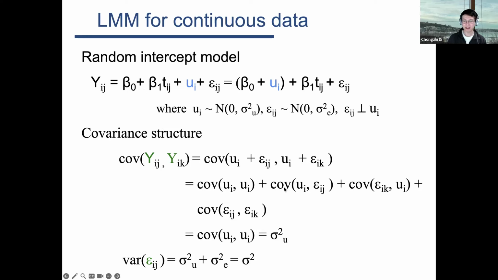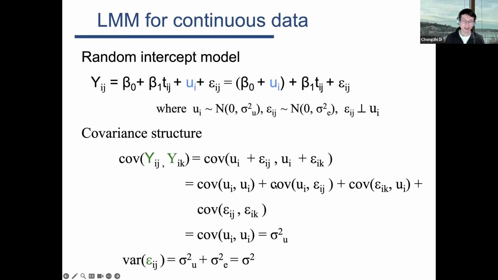But for all the other terms, the covariance between the random effects and the error, we know they are 0 by our assumption. This other one is also 0. It's the covariance of errors at different visits, and they are 0 because the residual errors are totally random.